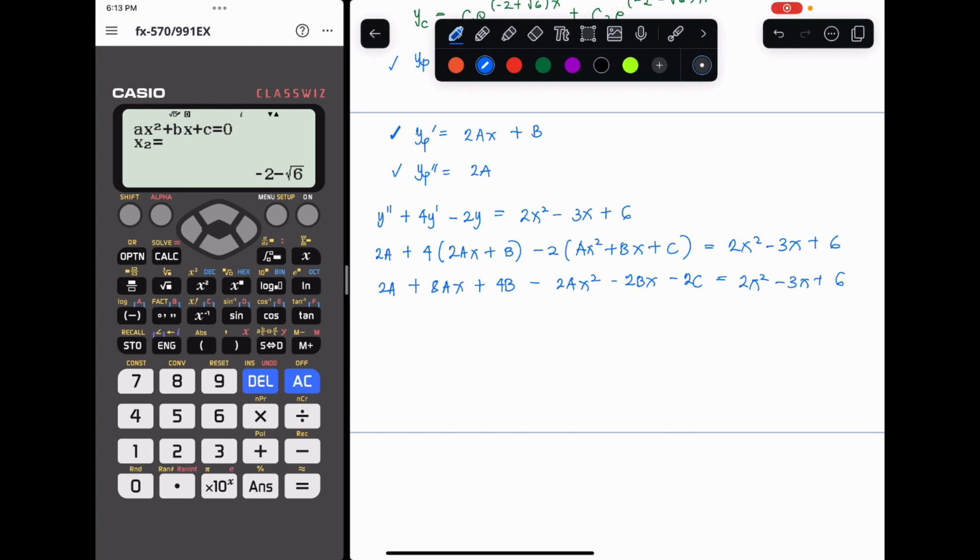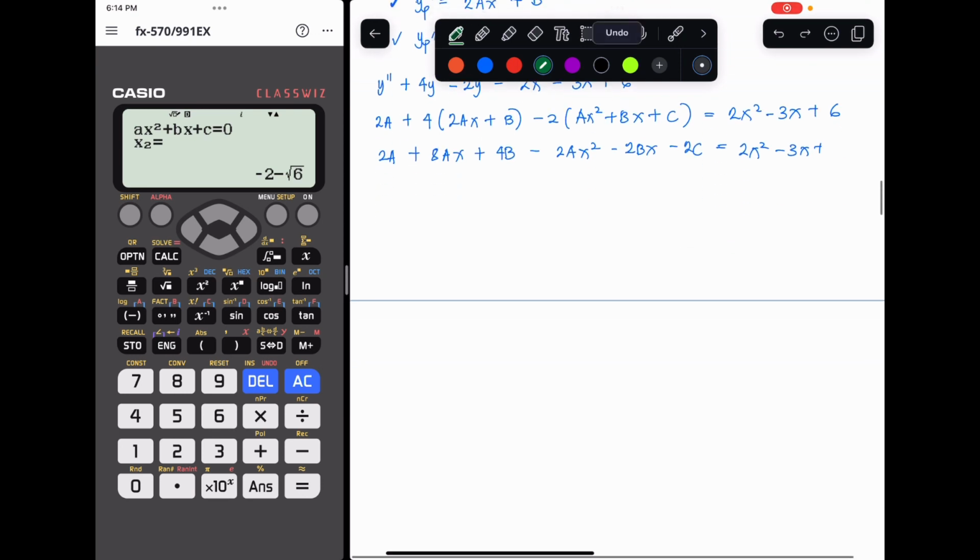So now that we have all of these, we're going to equate the coefficients of all the terms. We start with x squared.